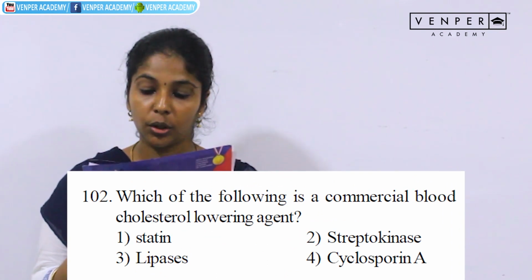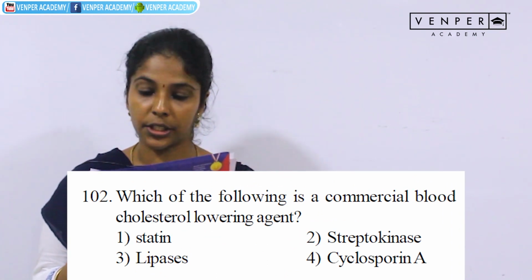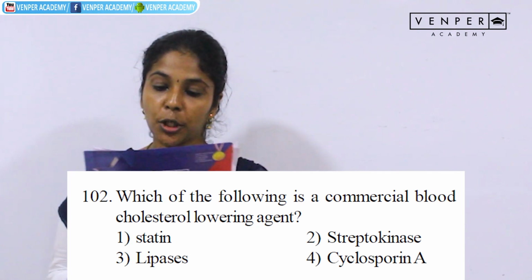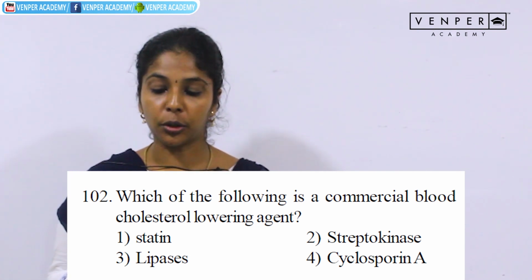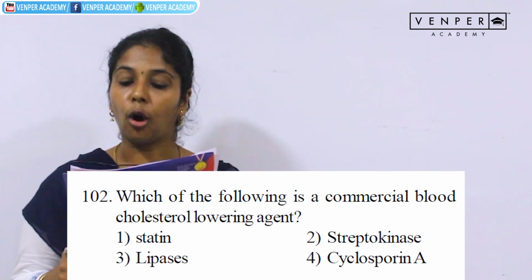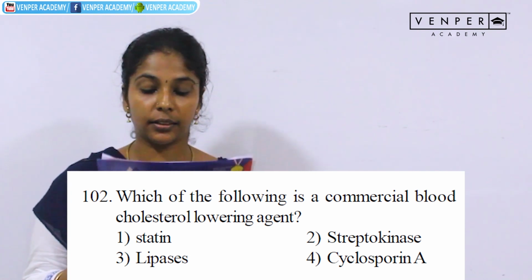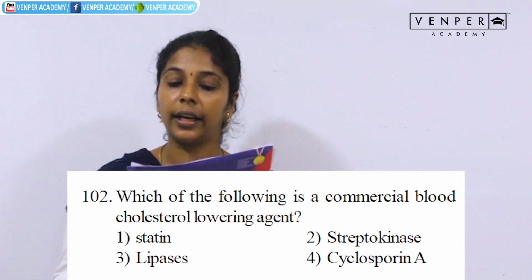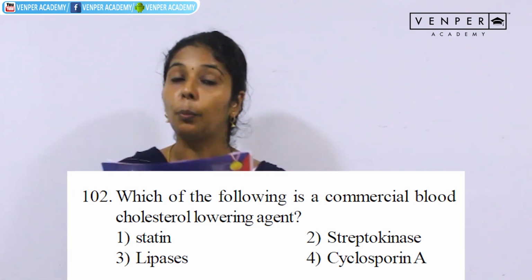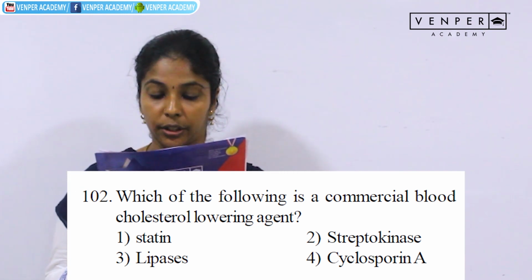Question number 102. Which of the following is a commercial blood cholesterol lowering agent? The options are option 1, statin, option 2, streptokinase, option 3, lipases, option 4, cyclosporin A. Statin is an HMG-CoA reductase inhibitor which inhibits the enzyme responsible for cholesterol production.